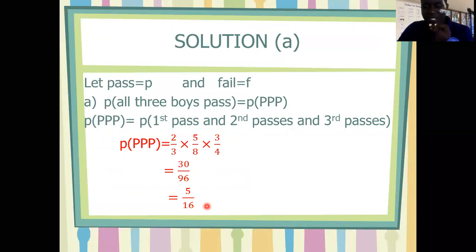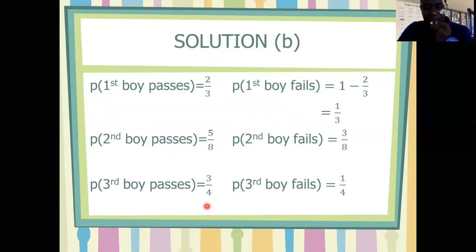Now let's take a look at the second part of the problem that says we should find probability that none of the boys pass. None of the boys pass means the first boy fails, second boy fails, and the third boy fails. Probability that the first boy passes is 2 over 3. Probability that first boy fails will be 1 minus 2 over 3.